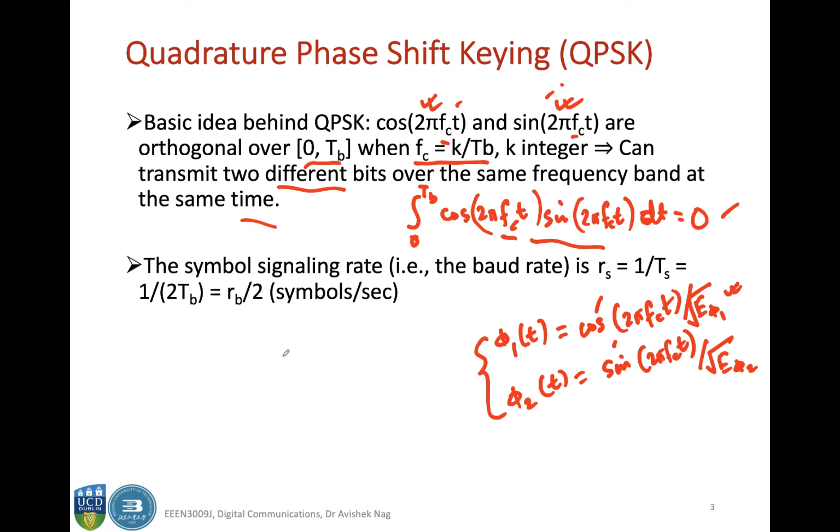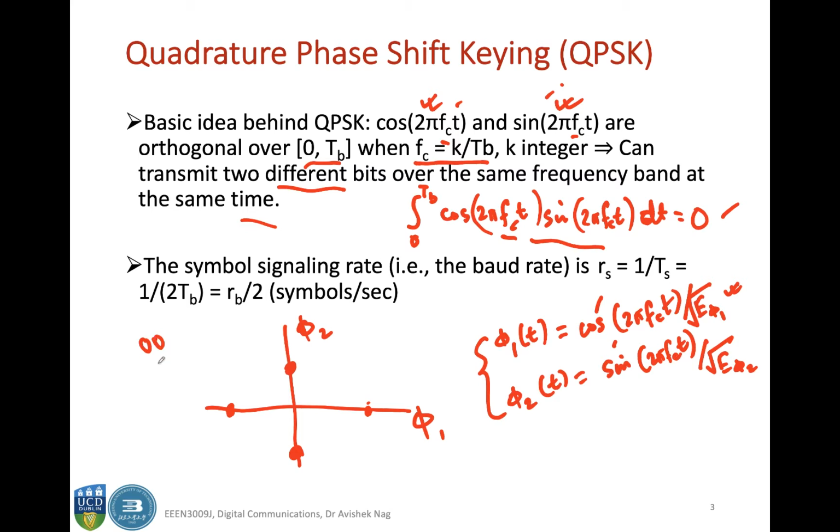Then you can have two axes, phi 1 and phi 2, define a signal space, and transmit two different bits. Basically you send two signals over phi 1 and two signals over phi 2, so you can have four different signals you can send for a combination of two bits.